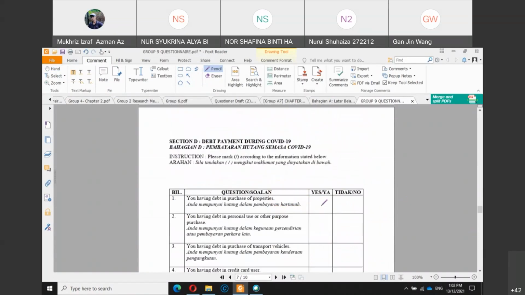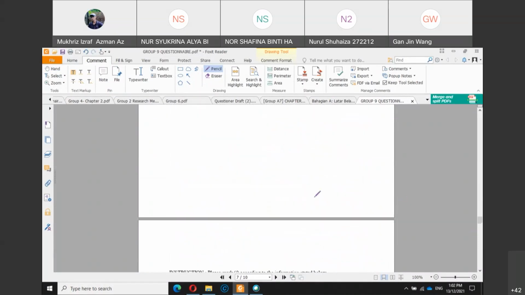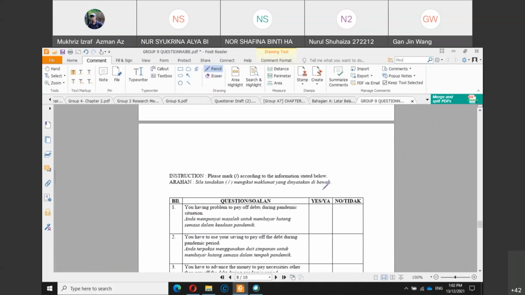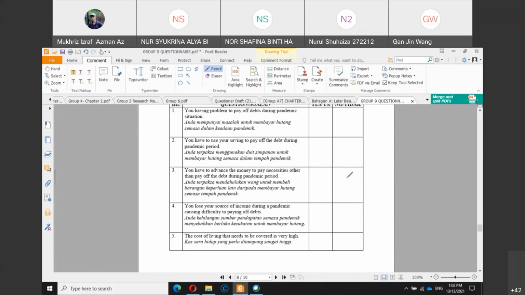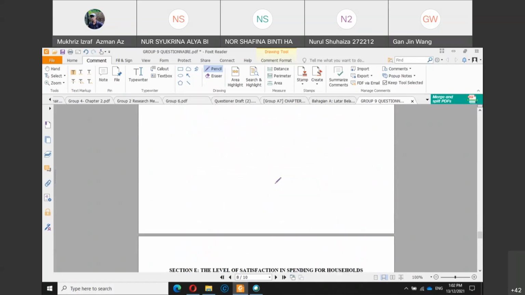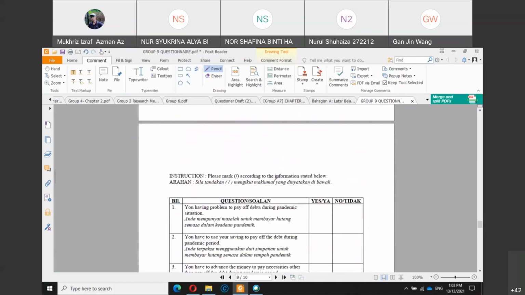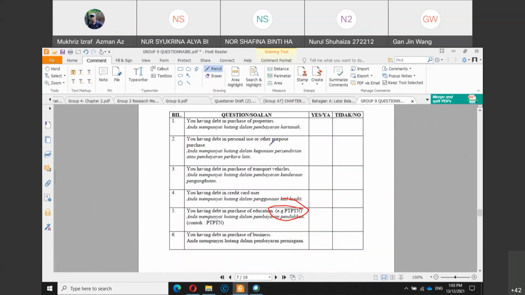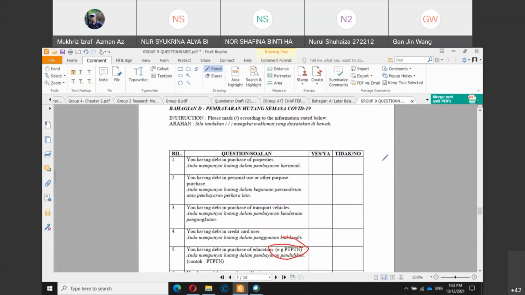So yes no, how do you actually analyze? Yes no ni you cannot actually analyze, bila you nak buat analysis like you know, gunakan ANOVA ke whatever lah, hypothesis testing. You cannot use the yes or no question to analyze. You need to see how you can change these yes no questions into the Likert scale, but tak boleh simply tukar saja, kena tengok kesesuaian lah.